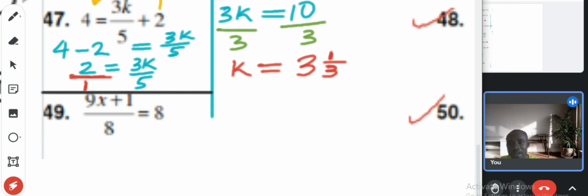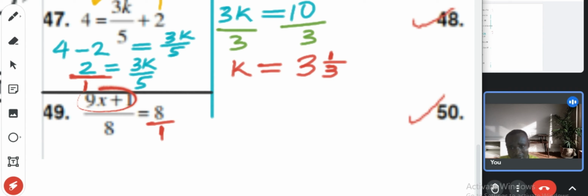Number 49. So you do 8 over 1. All right, good. Beautiful. You need to say 8 over 1 first, and then we can just cross multiply. Do you know why we can just cross multiply like that?